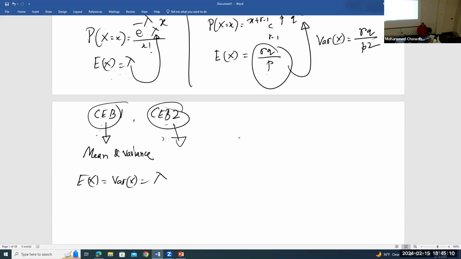But for the negative binomial regression model, expected value of X equals rq over p, which is not equal to rq over p squared, which is the variance of X, when X is a negative binomial random variable. Are you understanding?